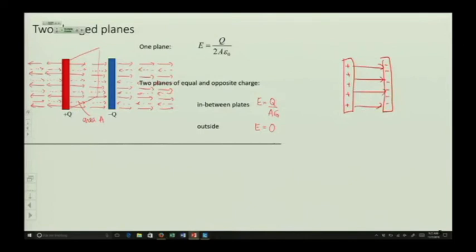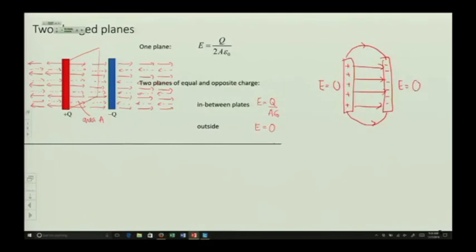Now, of course, in real life, you don't have infinite planes, so how does this get modified? It turns out that there's a little bit of fringing here. You'll get field lines that look like this, but no field lines near the planes on this side. So here E is equal to 0, here E equals 0.